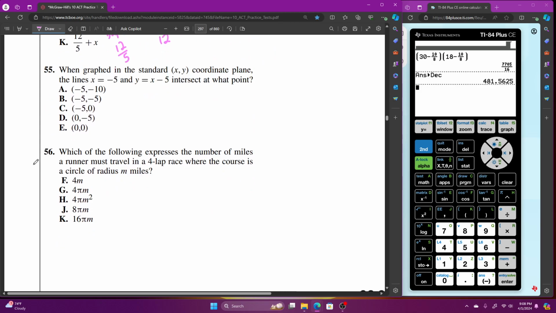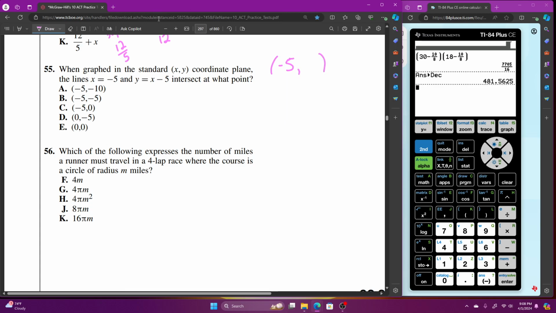And then question number 55 says, when graphed in the standard xy coordinate plane, lines x equals -5 and y equals x minus 5 intersect at what point? Well, right away we know no matter what, the x is -5.